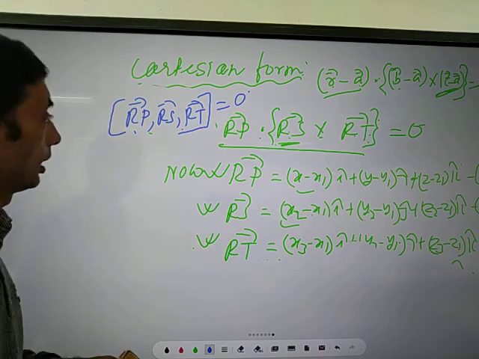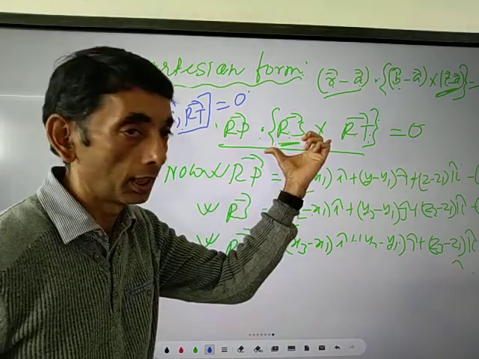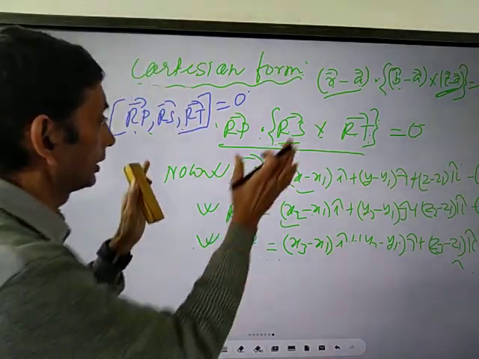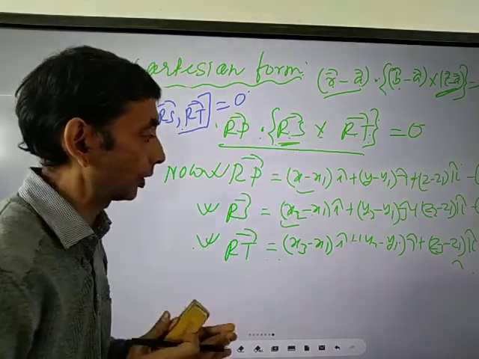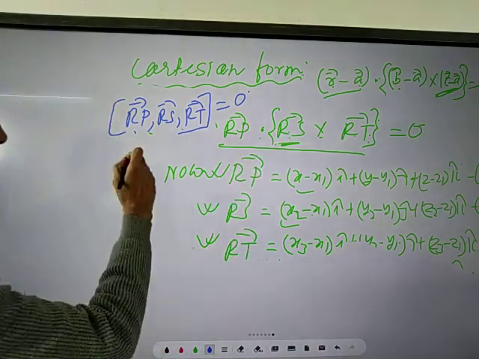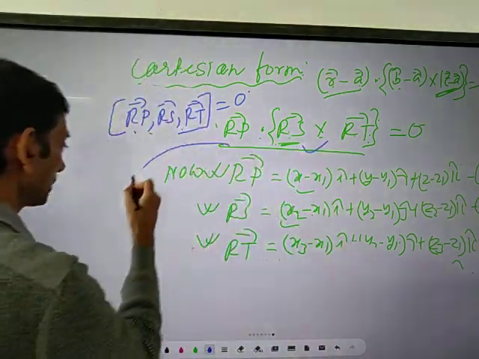And we know that if three vectors are written in the form of a scalar triple product, then it can be expressed in the form of a determinant. How do you write this in the determinant form?